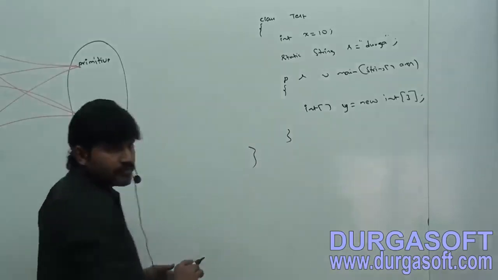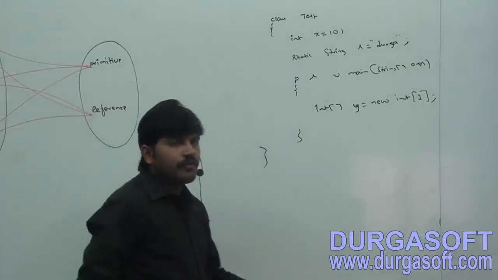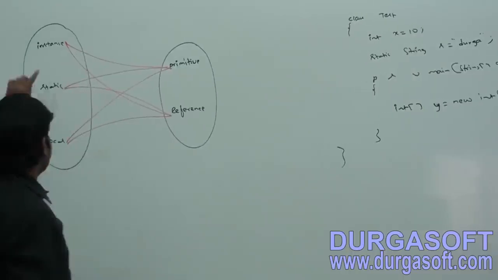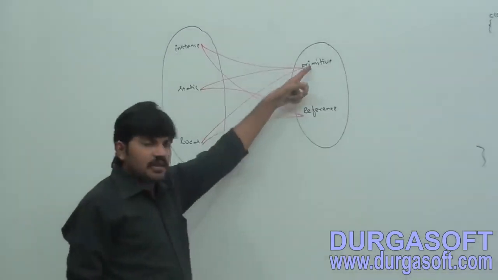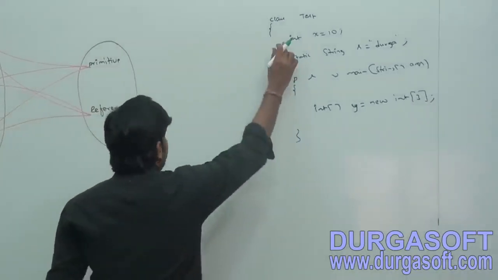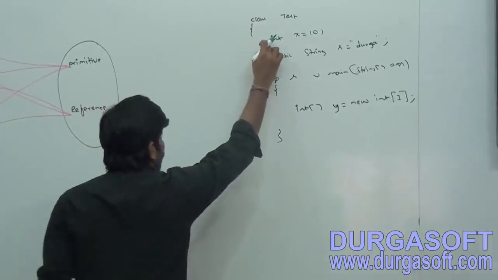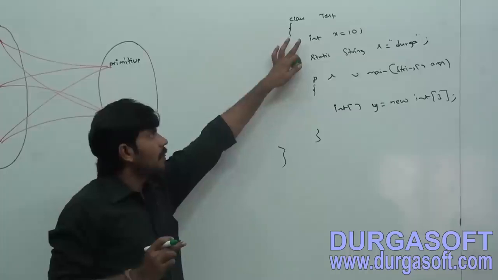Just now we covered, every variable in Java should be either instance or static or local, and either primitive or reference. What about the first variable: is it instance or static or local? Instance. Is it primitive or reference? Primitive.